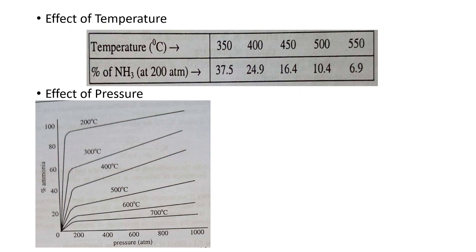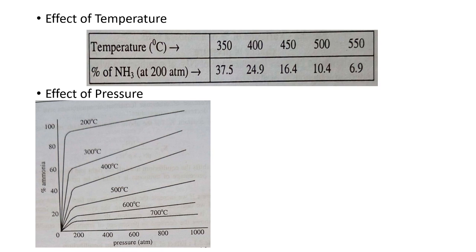Though theoretically we can reach 100% output, these are gaseous reactants, so it will be unsafe, it will be threatening to maintain the reaction at such a high pressure. So the optimum conditions are 200 atmosphere and 500 degrees Celsius.